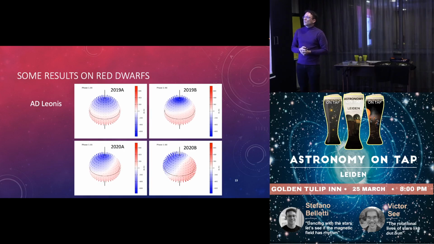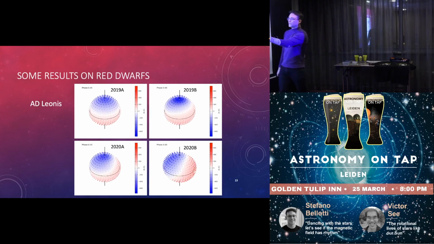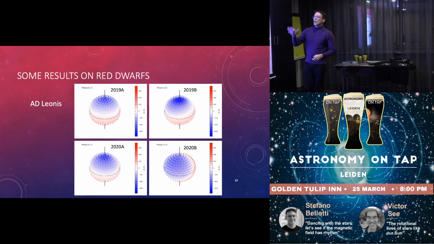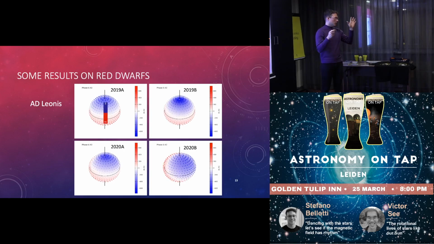And as we see here, these are different reconstructions of the magnetic field. We have the negative polarity in blue and the positive polarity in red. And this one, on the left there, is basically a dipole, like the Sun is on the large scale. We have its 2 polarities, so this big magnet.